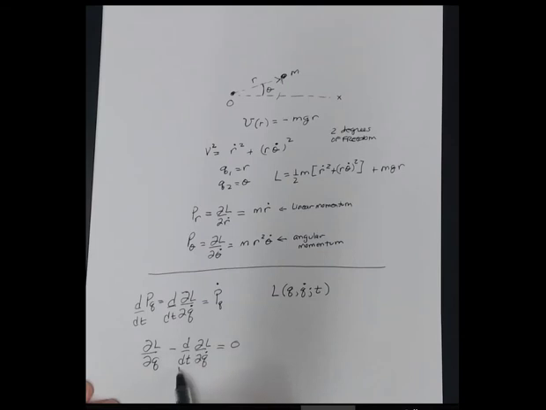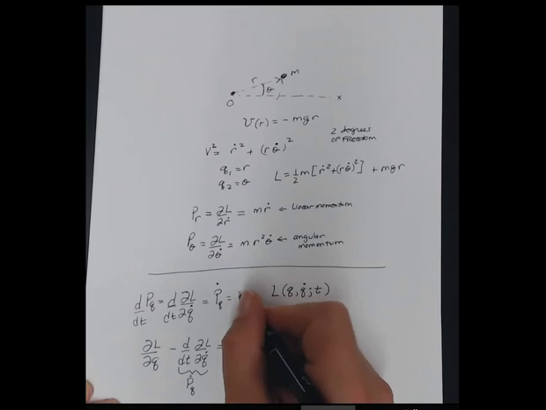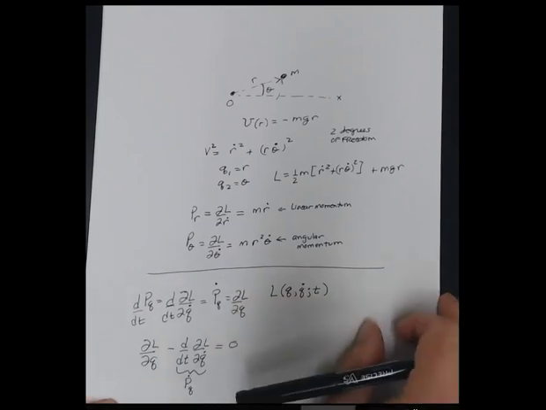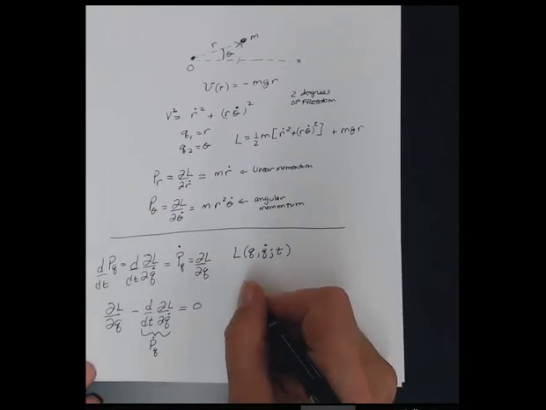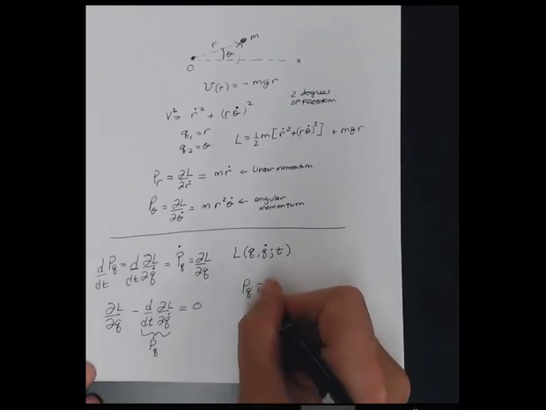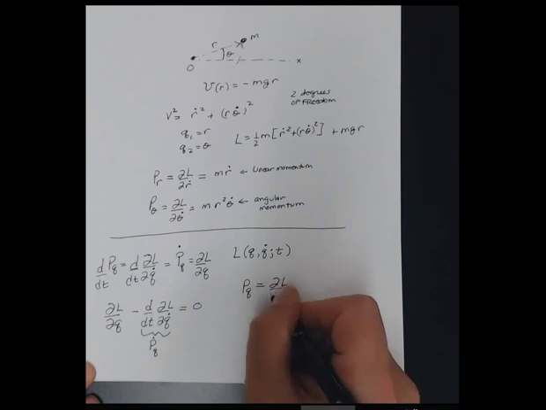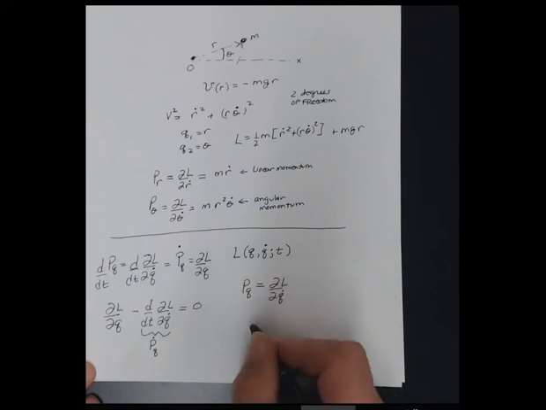And we see that this is actually d/dt of p q dot. So our generalized momentum is dL/dq dot, and the time derivative of that momentum is dL/dq.